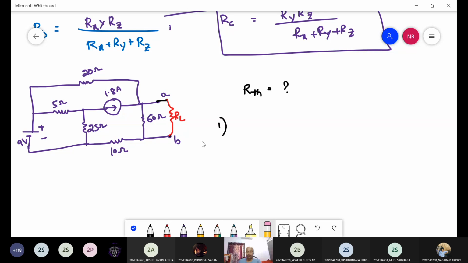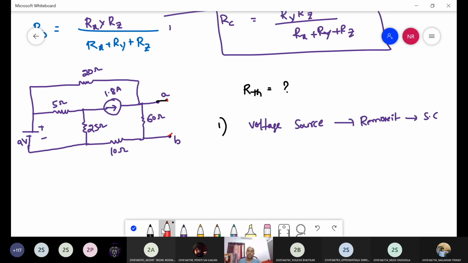So we have to calculate the equivalent resistance, that is RTH is equal to. While calculating RTH, what we have to do in the circuit: if we have the voltage source, then remove it and short circuit it.